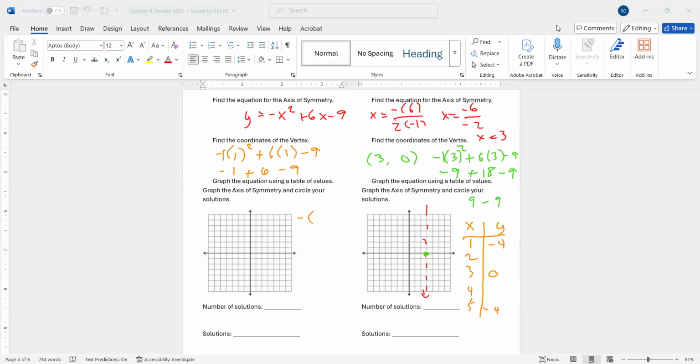Put 2 in, squared, 6 times 2 minus 9. 2 squared is 4 times -1 is -4 plus 12 minus 9. So it's 8 minus 9. That's -1. So 1, -4. 2, -1. 4, -1. 5, -4.